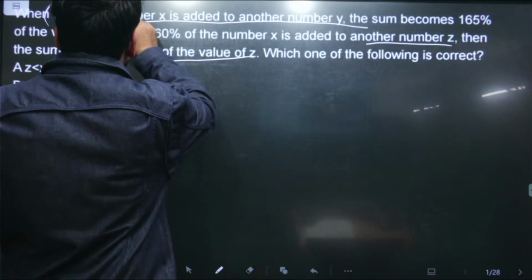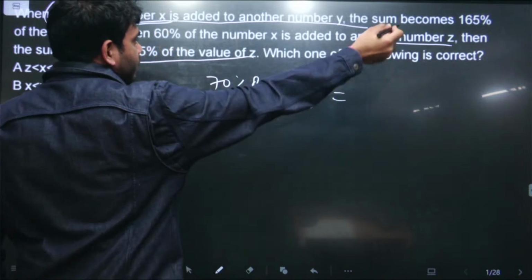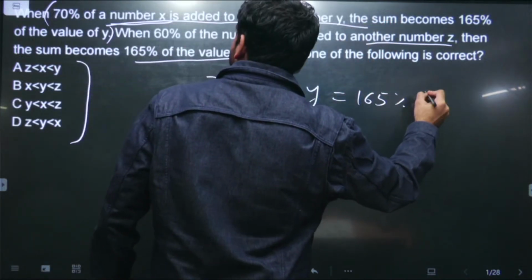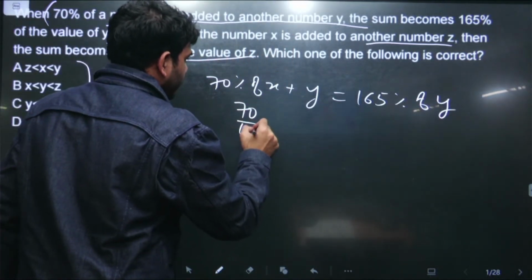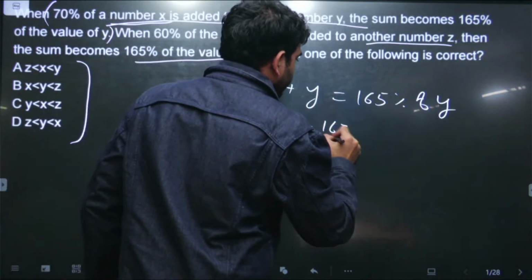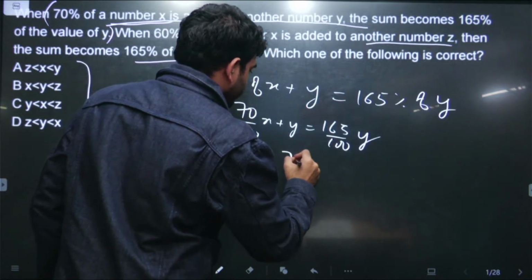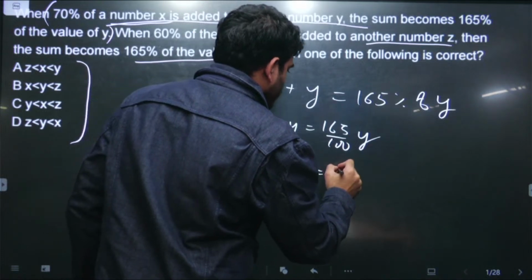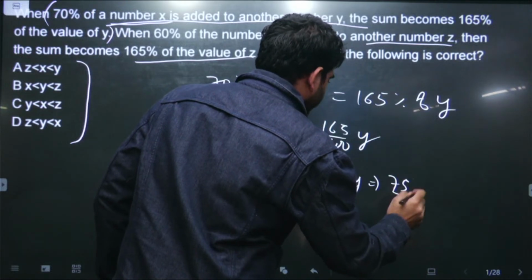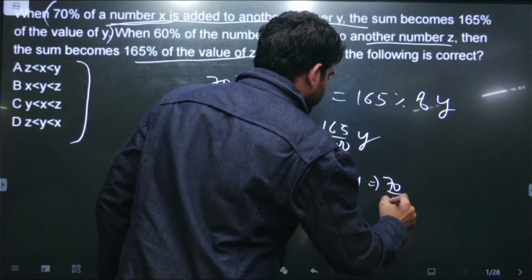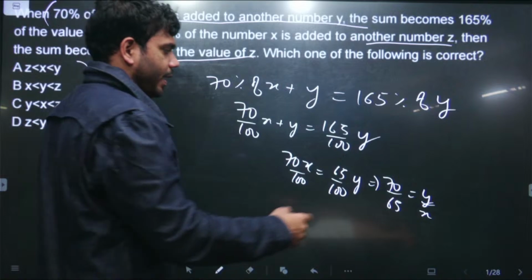So let's start. It's saying 70% of a number x is added to another number y and the sum is 165% of the value of y. This is what is provided. So writing this in this way, this is what we will get. 70 by 65 is y by x, right?